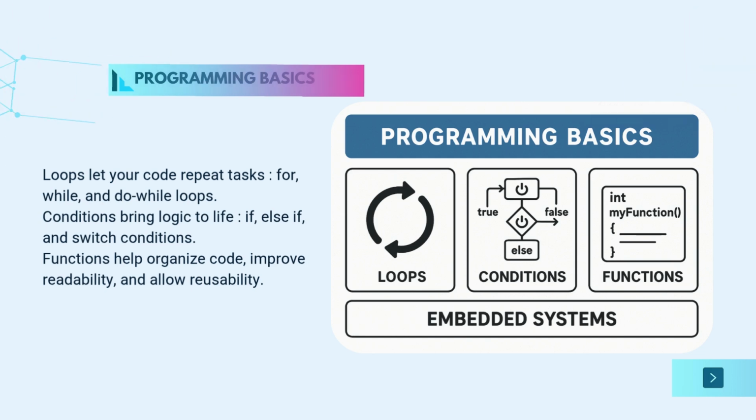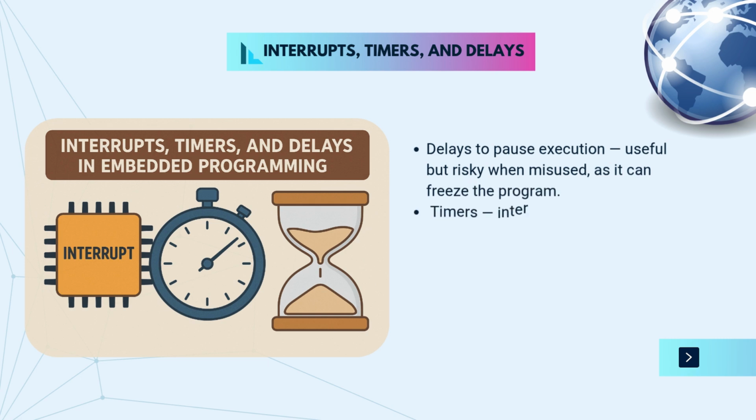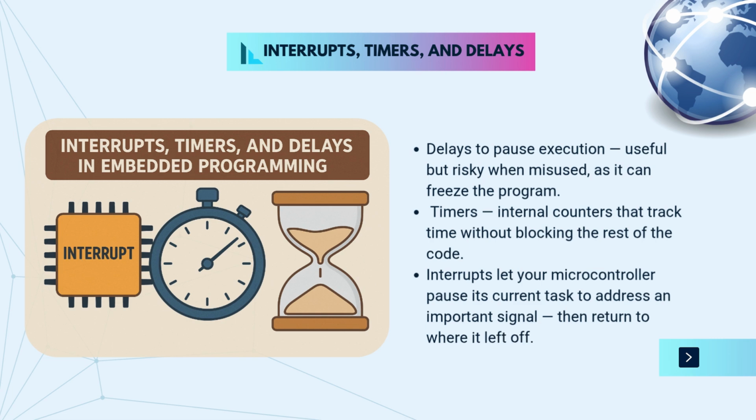In embedded systems, timing is everything. You'll learn how to use delays to pause execution, useful but risky when misused, as it can freeze the program. That's why we introduce timers, internal counters that track time without blocking the rest of the code. With timers, your device can blink an LED and read a sensor simultaneously.